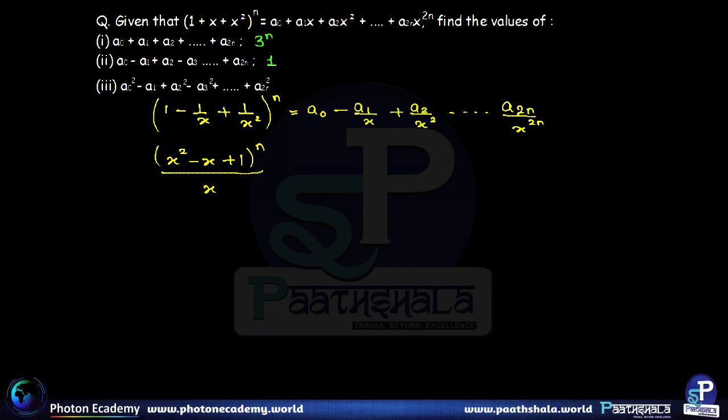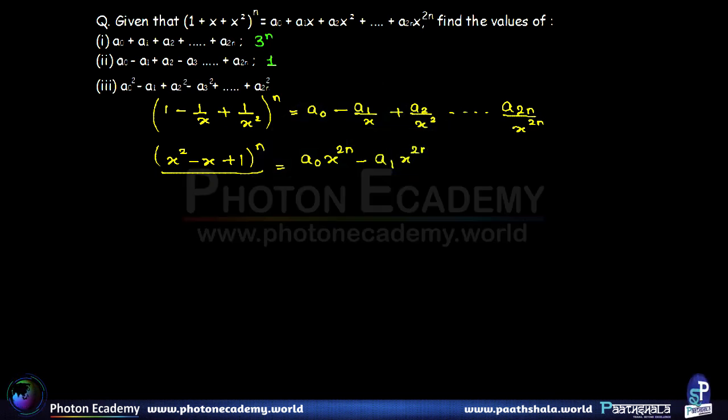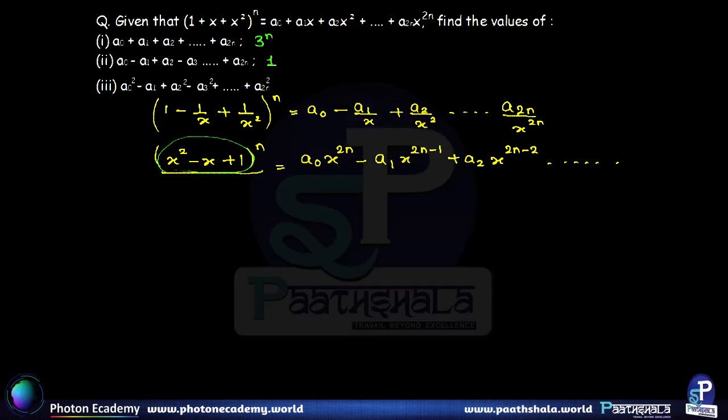So let us multiply that to the other side, so that will give us a0 x raised to 2n minus a1 x raised to 2n minus 1 plus a2 x raised to 2n minus 2, and so on. Alright. So now if you look at this bracket, it is x square minus x plus 1, and this bracket is x square plus x plus 1.